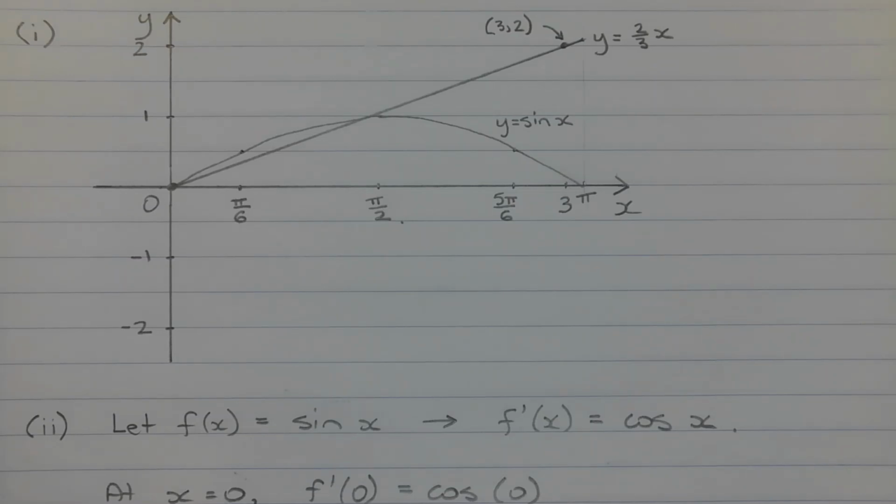Now if m is 0, that's a horizontal line starting from the origin, in other words, a line superimposed on the x-axis. So nowhere in the domain x greater than 0 and less than pi will that line intersect with y equals sin x. So m has to be greater than 0. In other words, it has to have some positive gradient.